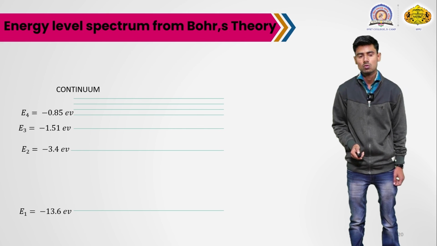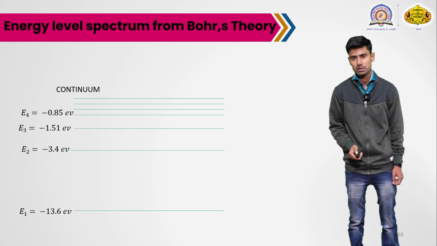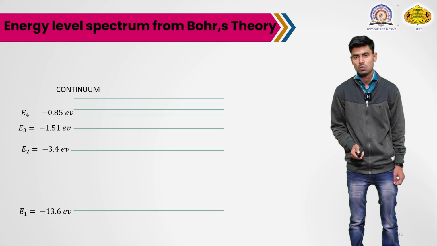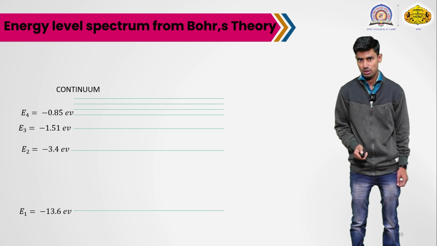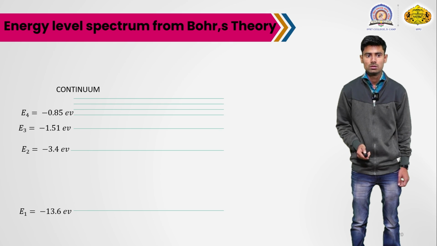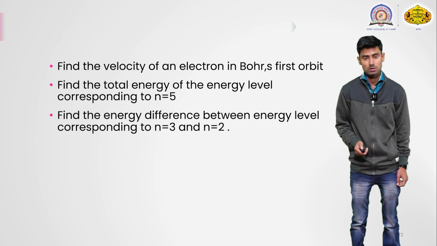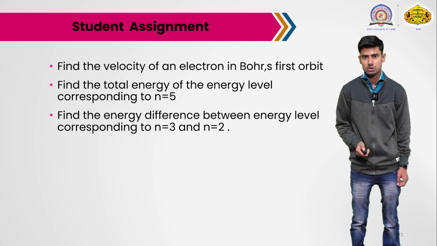So the two remarkable things introduced by Bohr's theory are that the energy levels are quantized and the angular momentum is quantized, which introduces the concept of space quantization. Bohr's theory is the first theory to introduce this quantization of angular momentum and discreteness of energy levels.